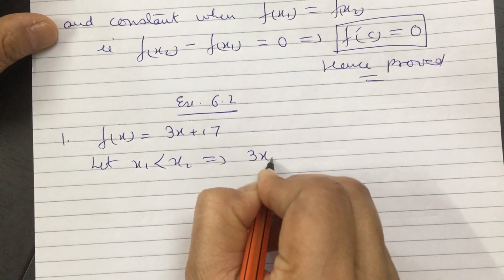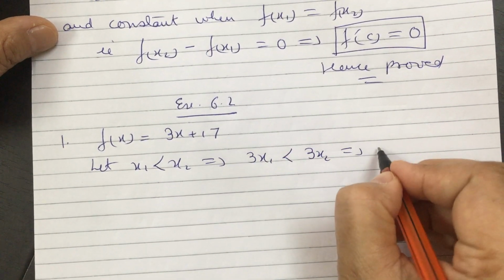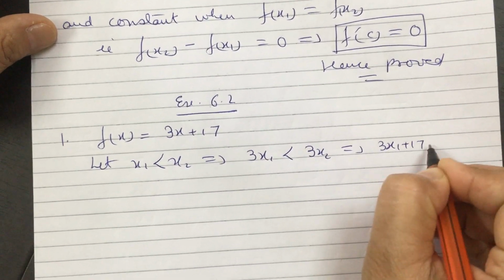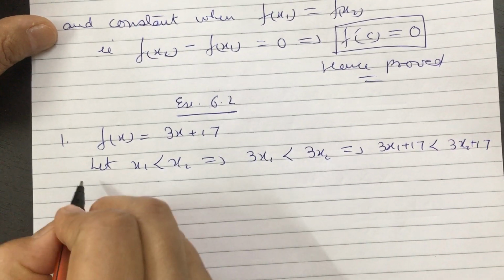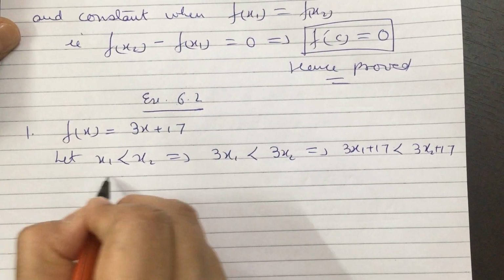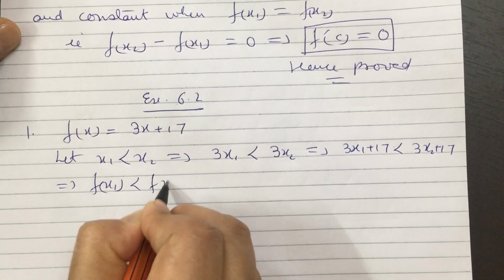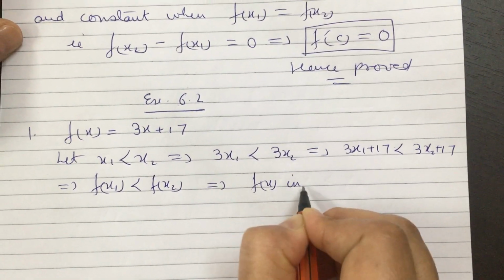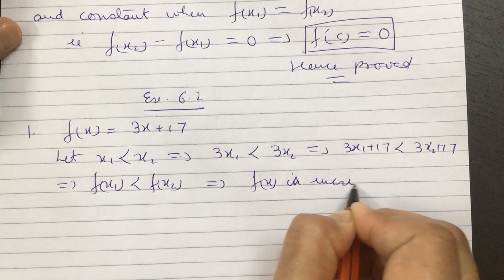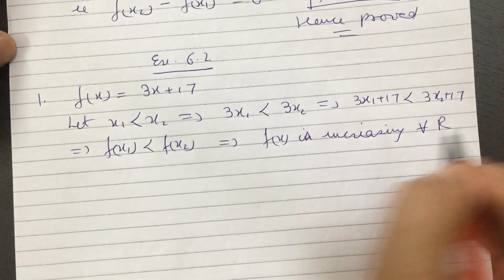It implies that 3x1 less than 3x2, which implies that 3x1 plus 17 is less than 3x2 plus 17, which implies that fx1 is less than fx2, which implies that fx is increasing for all real numbers.